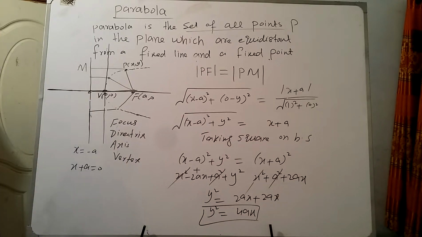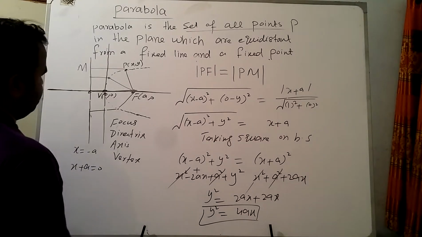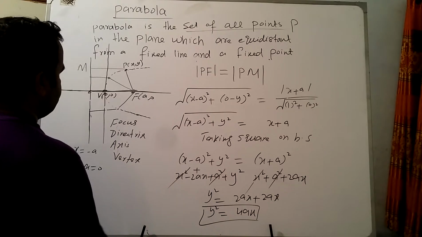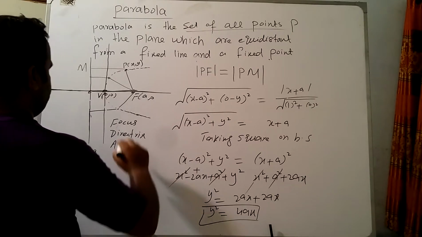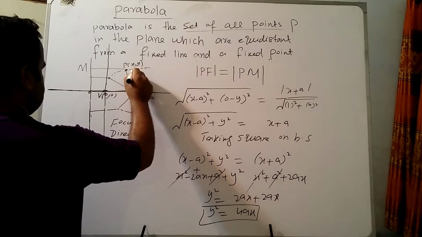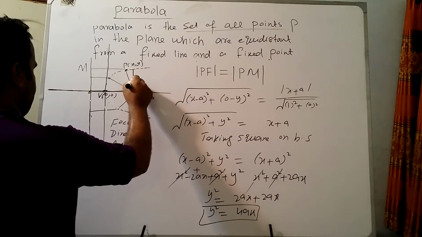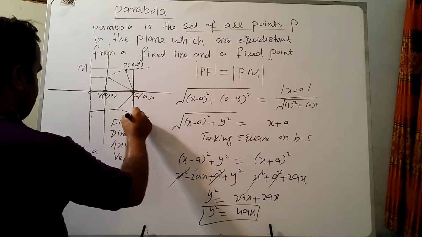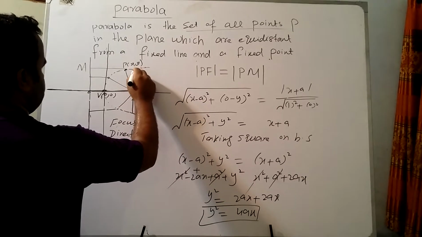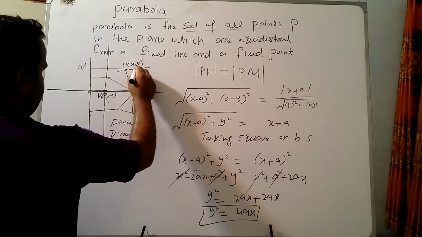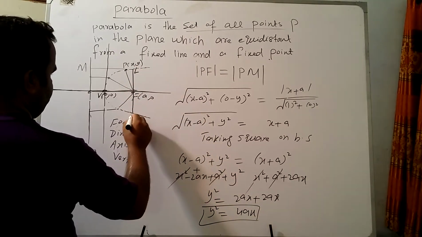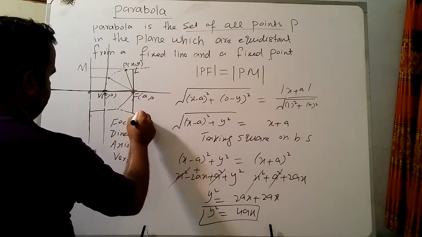Now suppose the line which is passing through the focus is L, F, L prime.